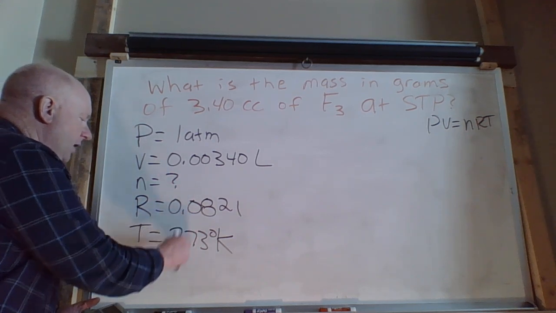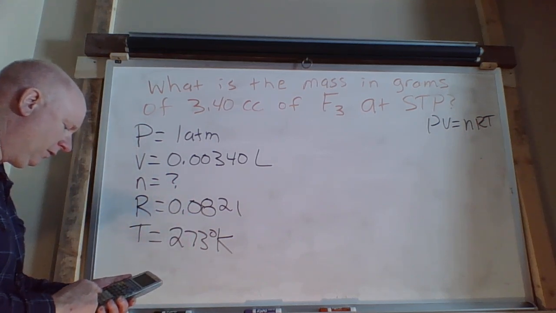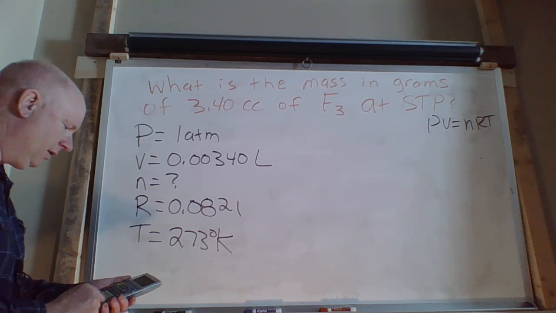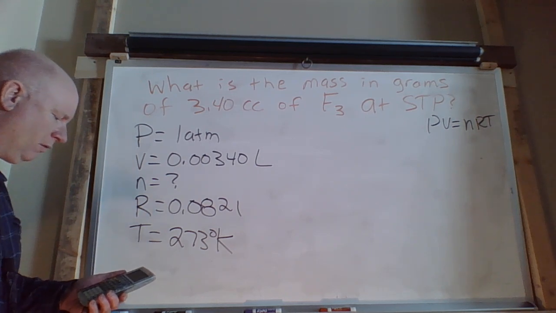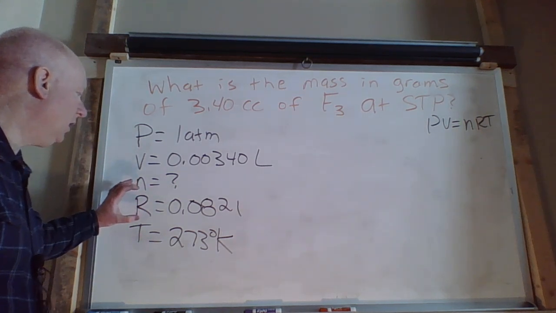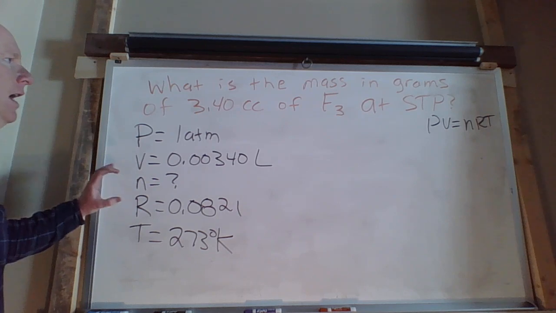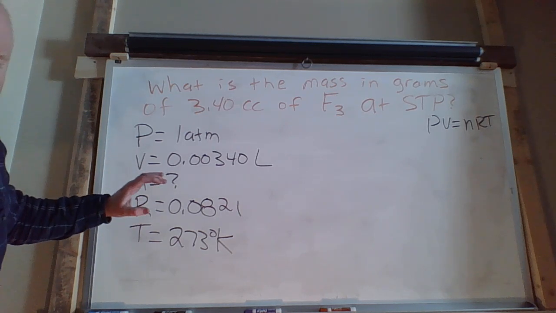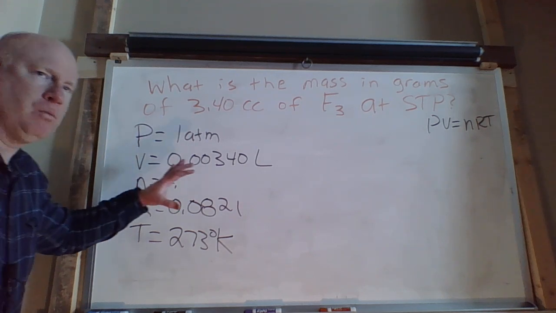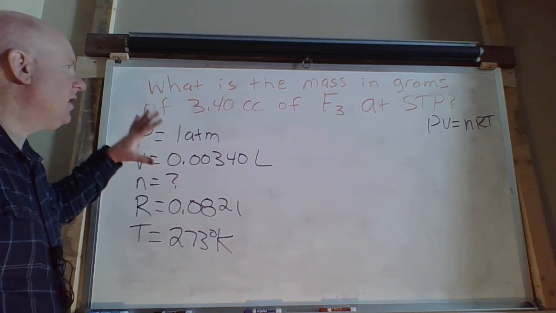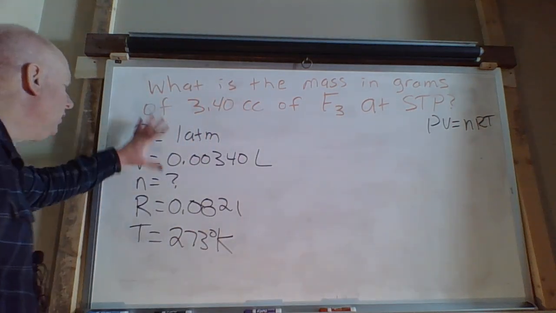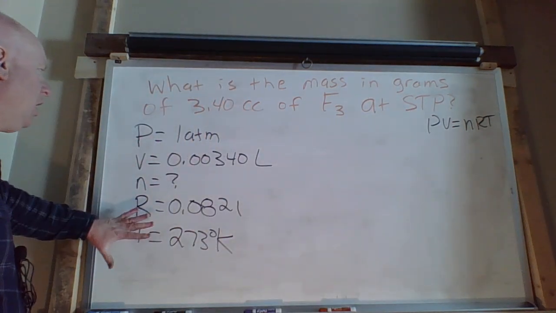So if you multiply these two, 273 times 0.0821, that's going to give you 22.41. So for every mole of a gas at STP there are 22.4 liters. If you just want to use straight up dimensional analysis, that works because it's measured at STP. But your ideal gas law will always work.